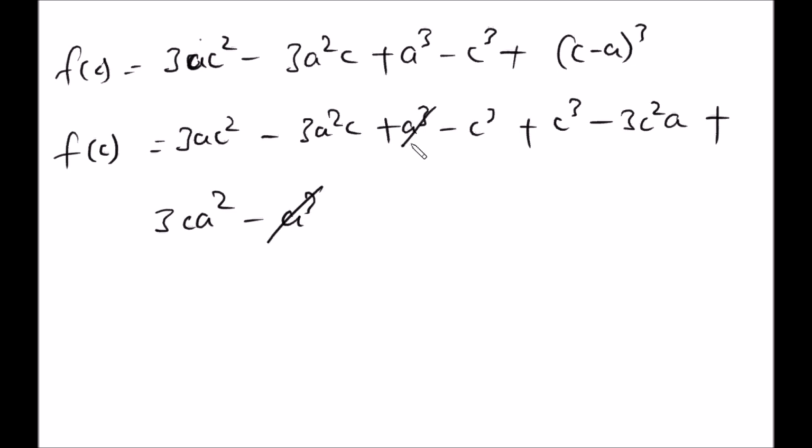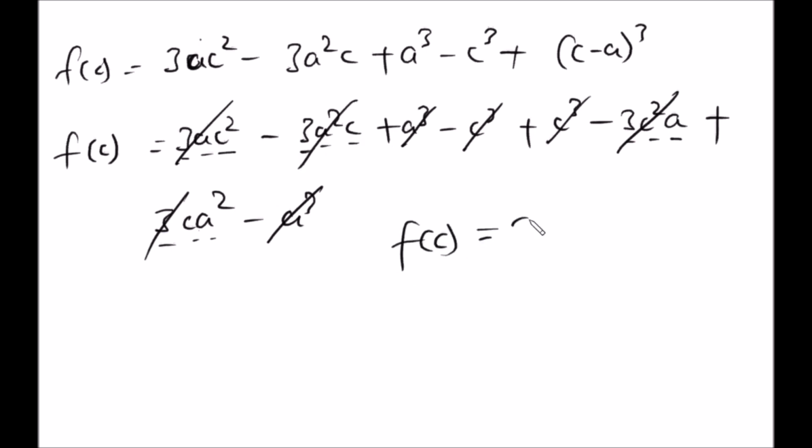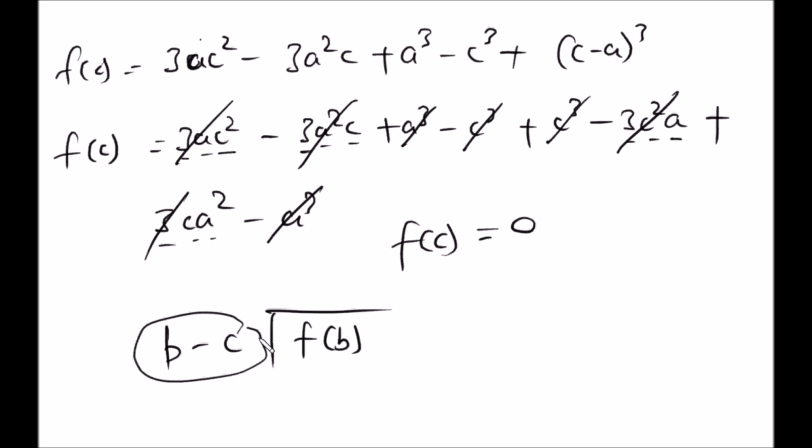So negative a cube positive a cube, negative c cube positive c cube. Hii ni negative 3c squared alafu a, wakati iko wapi? Hii ni positive 3c squared alafu a, so they go. Hii ni positive 3ca squared, hii ni negative 3ca squared, they also go. Kwa hiyo fc ni nini? Ni 0. So ile b minus c is a factor ya nani? Of fb. So b minus c is a factor of fb.